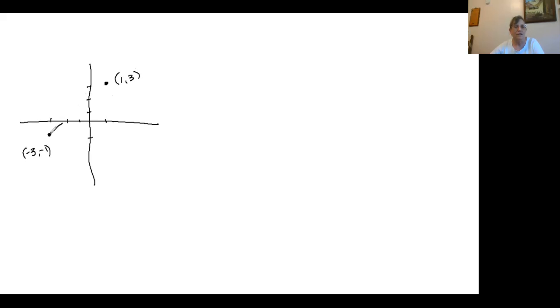If we want to look at the midpoint between these, your midpoint is a point, first of all, of course. Halfway between 2 points.